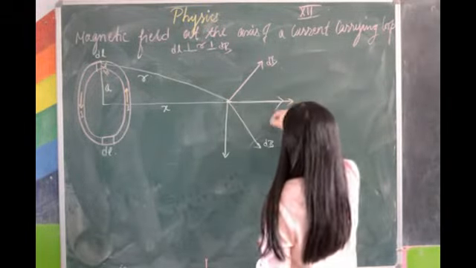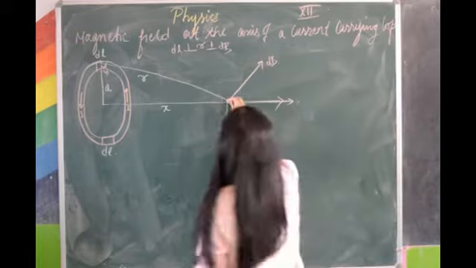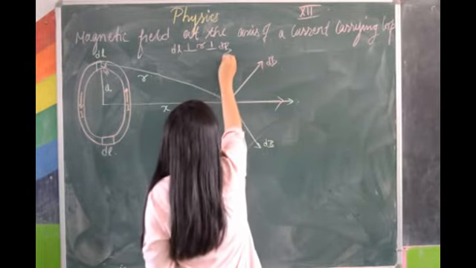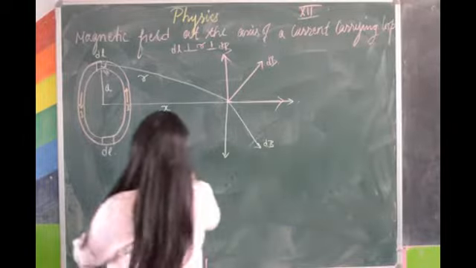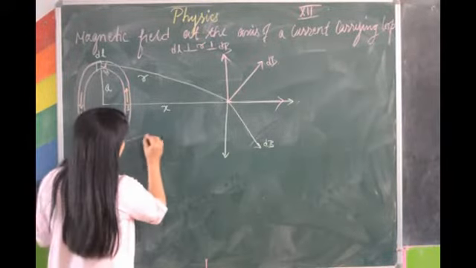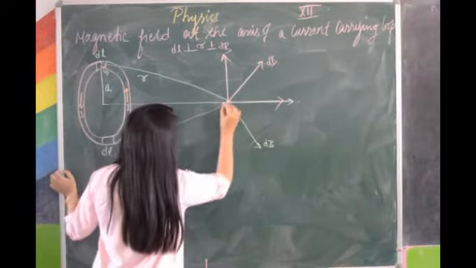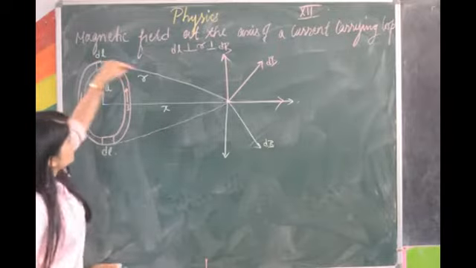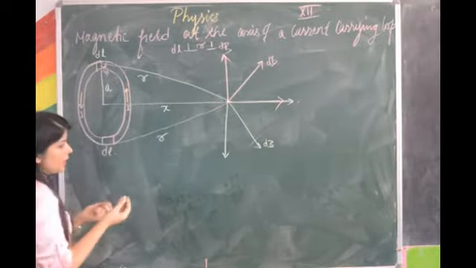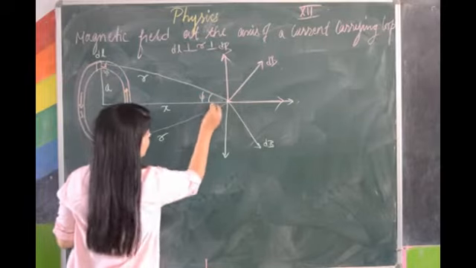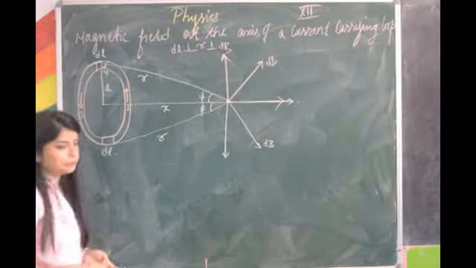One will be in the same direction as the previous one, and one will be the base one like this, upward. Now, sorry, I haven't drawn this one. The distance between this dl and this point. Again, if this is a loop, the distance between this and this will be the same, that is r. Suppose we take this angle to be phi, this angle will also be phi.